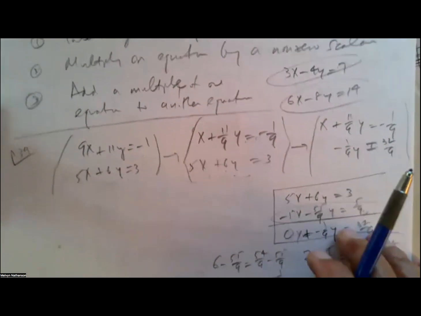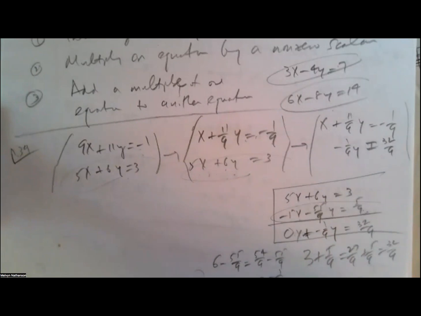Well, you have to know fractions. What is 6 minus 55 over 9? 6 is the same as 54 over 9, minus 55 over 9 is -1 over 9. You have to be able to do arithmetic with fractions. When you're doing homework, you can always use a computer or calculator, but not during an exam.